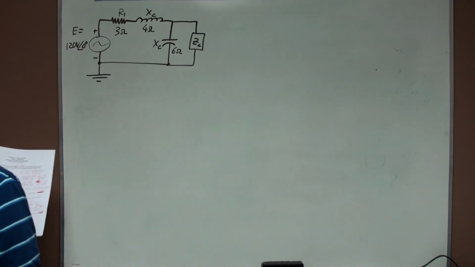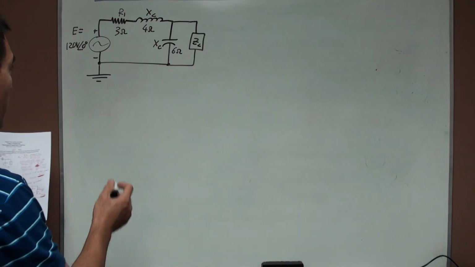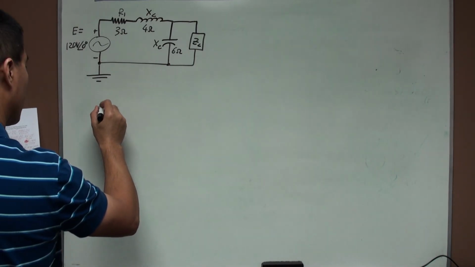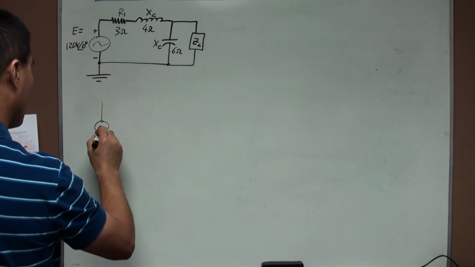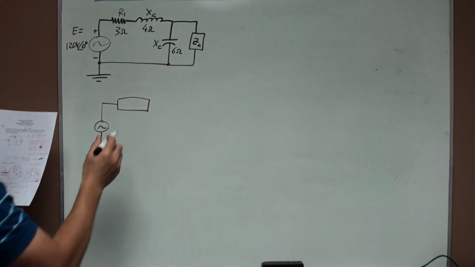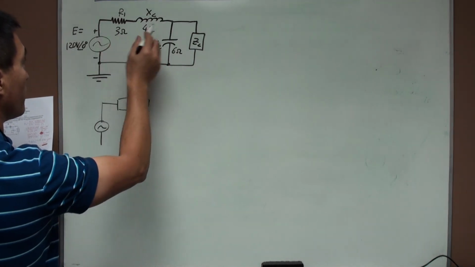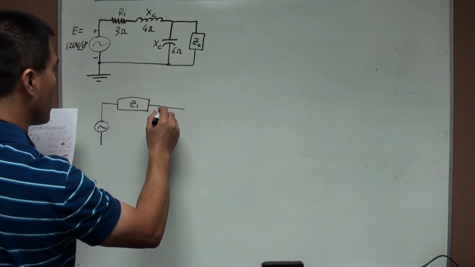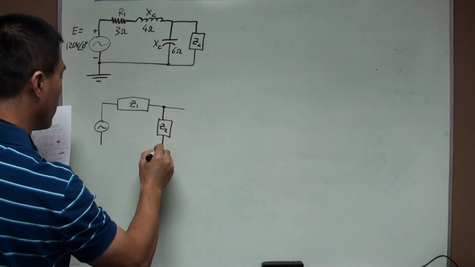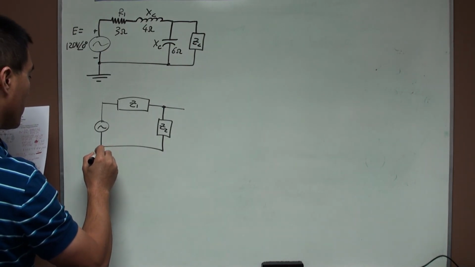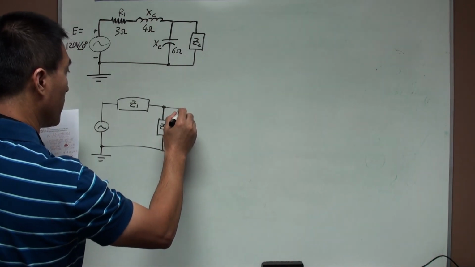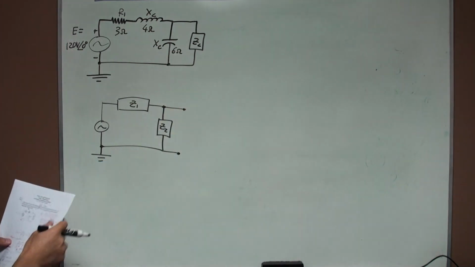For a Thevenin equivalent circuit, first we use impedance blocks for each branch. So you have Z2 here, and by removing the load, we have the two terminals.